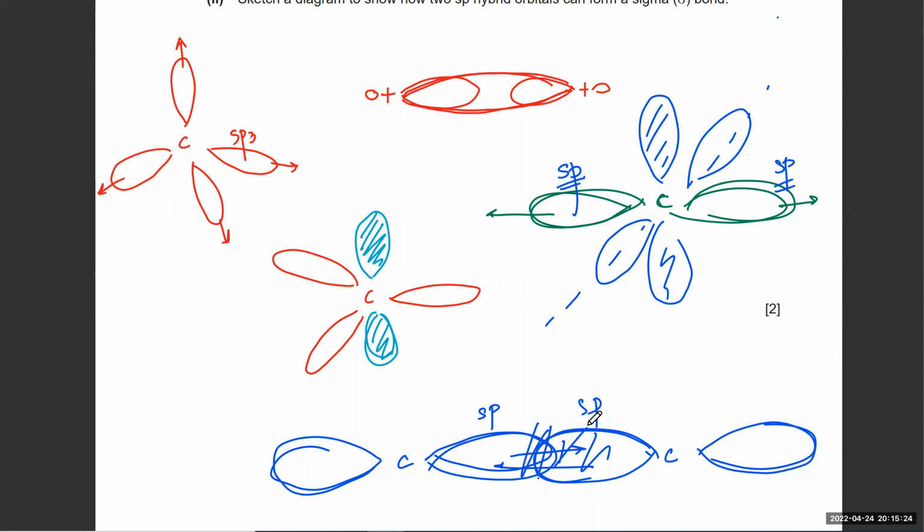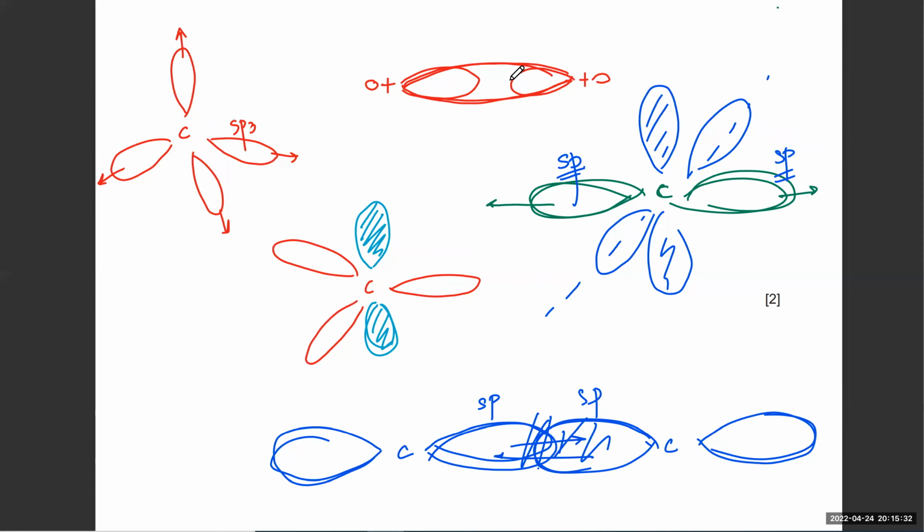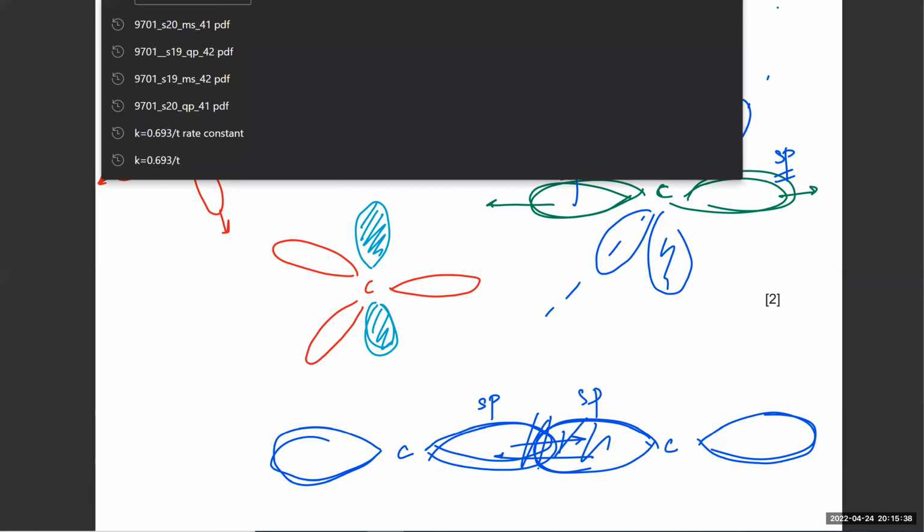When you get a question like this, you don't have to go into that much detail. You just need to know what a sigma bond looks like. It's just an end-to-end overlap of orbitals. That's what a sigma bond looks like. Is that clear? Yep. I'll just quickly see what shape they're looking for.